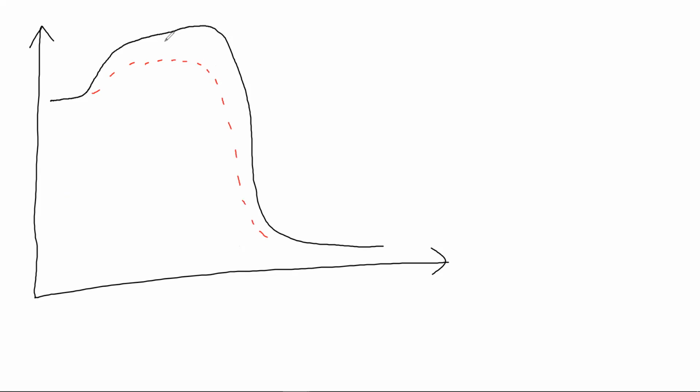Notice how my activation energy required has decreased. Rather than requiring this much energy, I now only require this much energy. I'm not quantifying anything because you really don't need numbers to understand this part, but do y'all get the point? If I have a catalyst, it reduces my activation energy. I'll put that word on the side. Reduce.